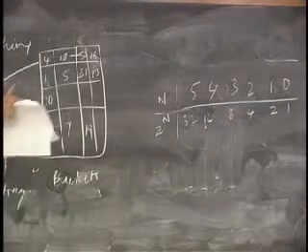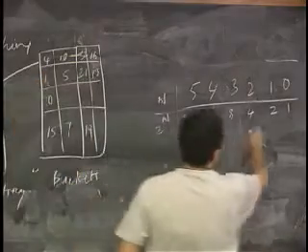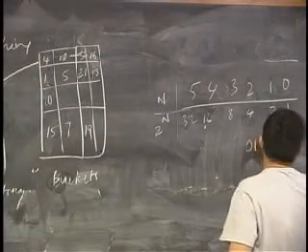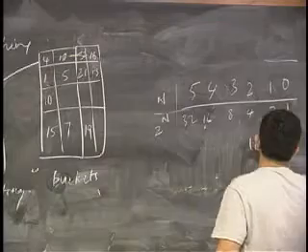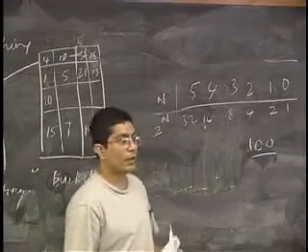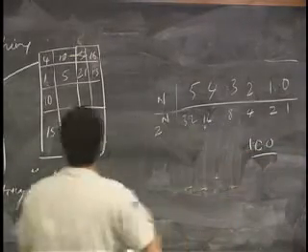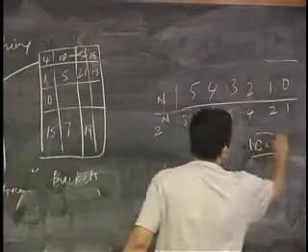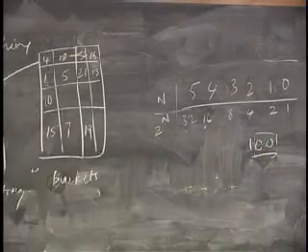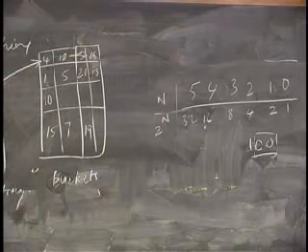Now 4 gets the representation 100, and the last 2 digits are 00, so it maps here.